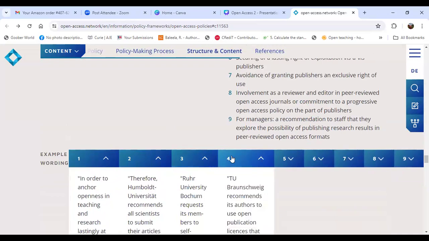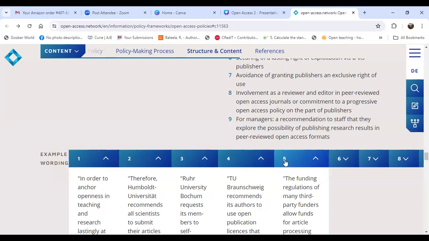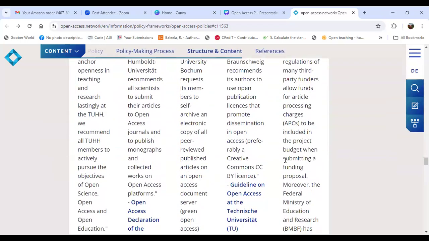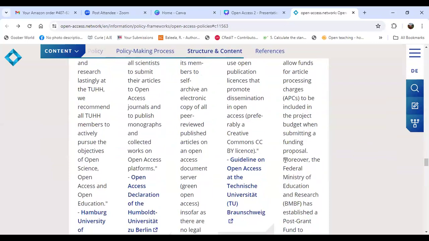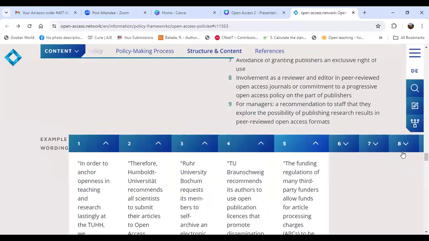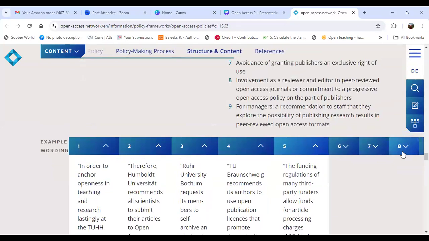You can see a fourth example from the TU, another example from the BMBF, different institutions. So you can go through wordings by different institutions and have a taste of how you can write recommendations.